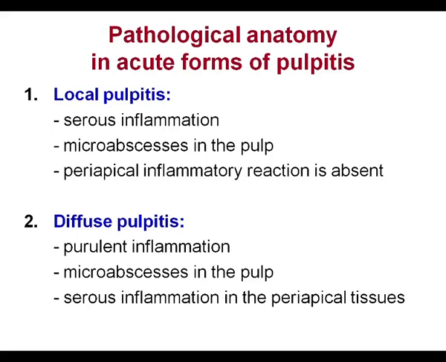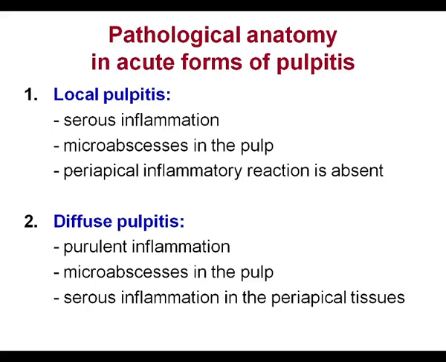Pathological anatomy in acute form. In local pulpitis, there is serous inflammation, microabscesses in the pulp, and as for periapical changes, periapical inflammatory reaction is absent.